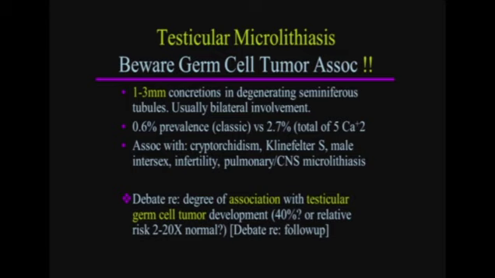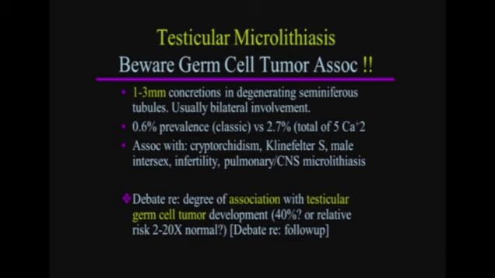It's been associated with cryptorchidism, Klinefelter syndrome, male intersex, infertility, and pulmonary and central nervous system microlithiasis. But there's debate about the degree of association with testicular germ cell tumor development. Some people suggest 40% of individuals may have it, which is much too high, while others suggest a relative risk of 2 to 20 times normal in the development of malignancy, or the potential development of malignancy.